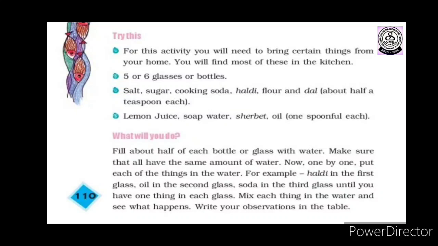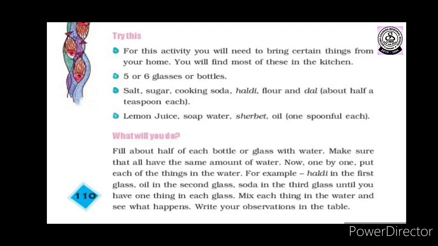Now what will you do? Fill half of each bottle or glass with water. Make sure that all have the same amount of water. Make sure that each and every glass or bottle you are taking for the experiment is filled with water.